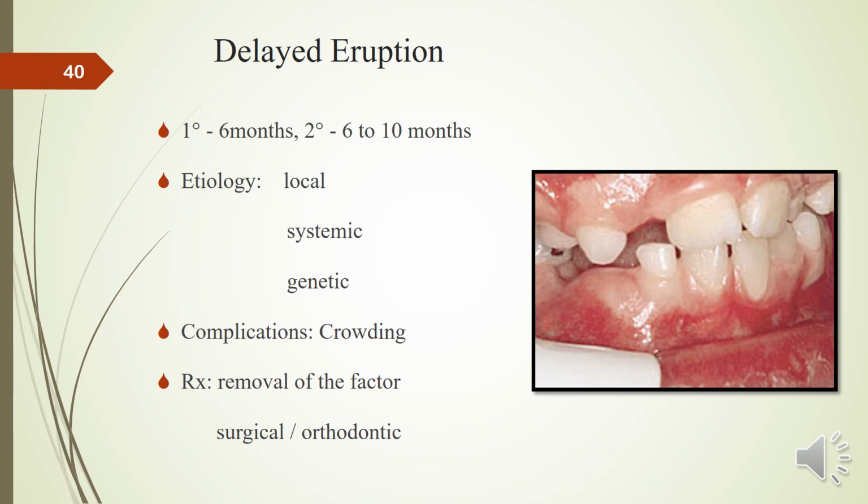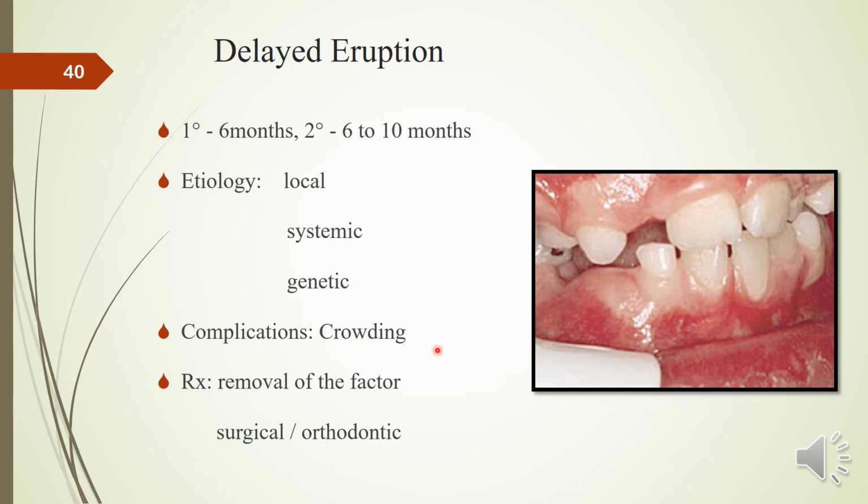So when the parent is asking why my daughter's tooth has not erupted and the tooth is present in the radiograph, the explanation that you must know is that there can be a delayed eruption of up to 10 months in permanent teeth.